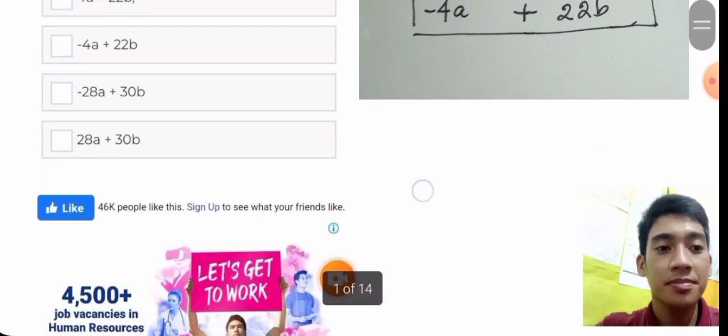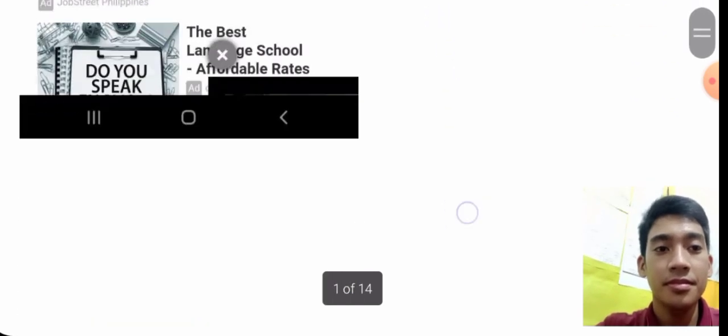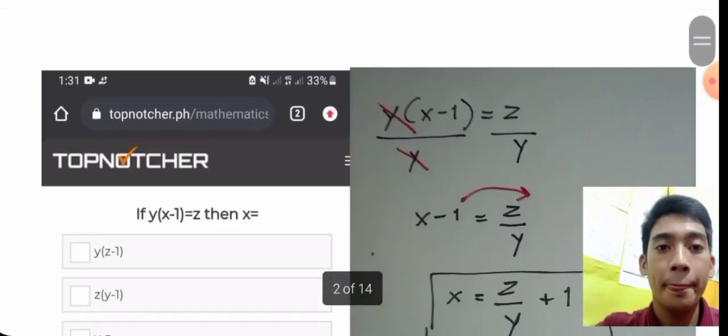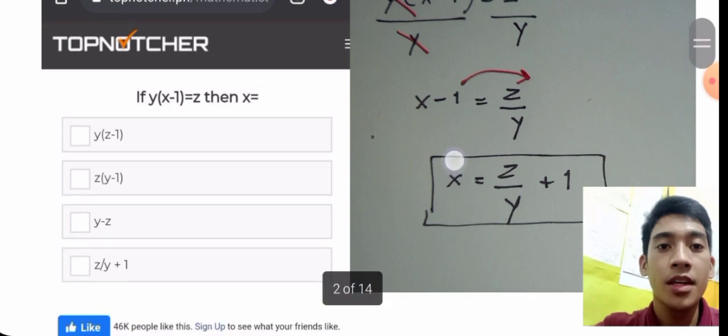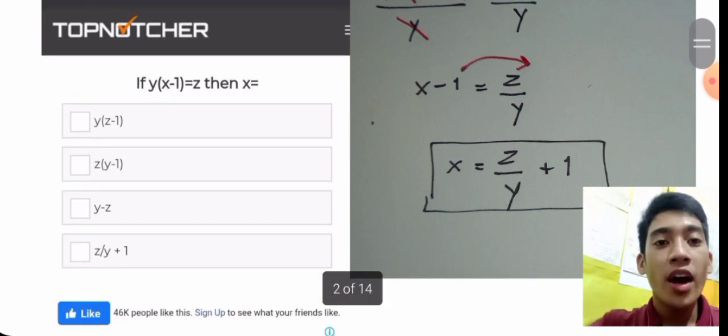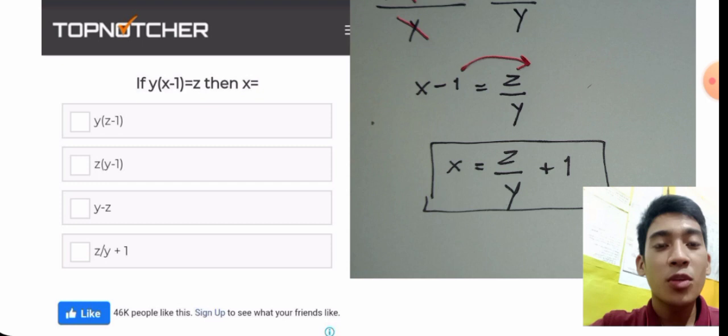Next, if y multiplied by the quantity of x minus 1 equals z, then x equals.